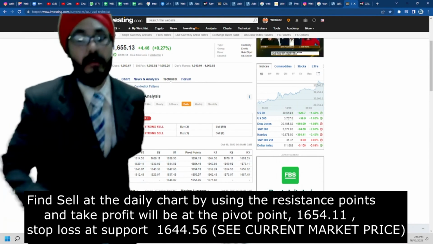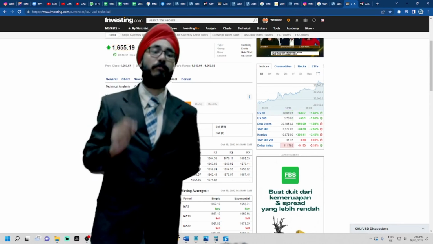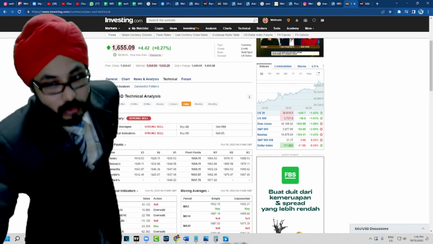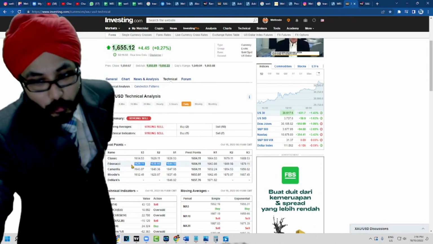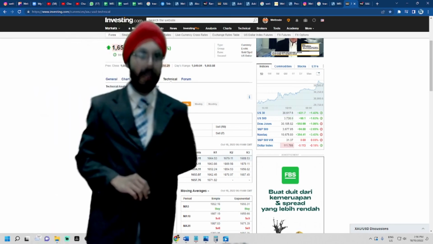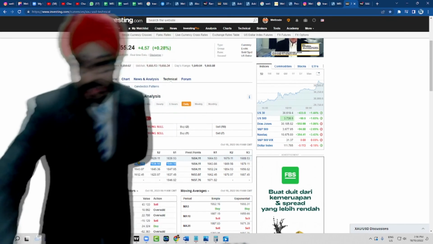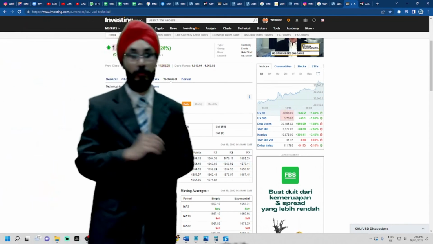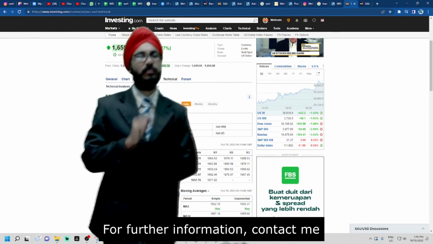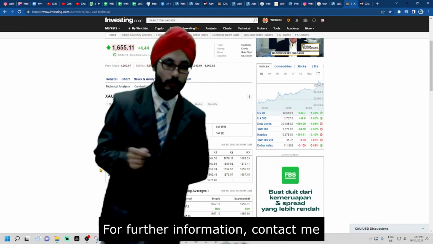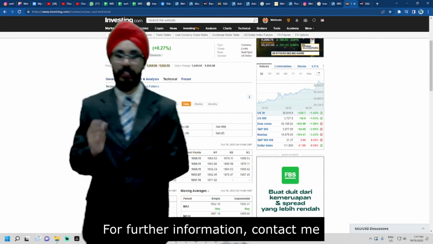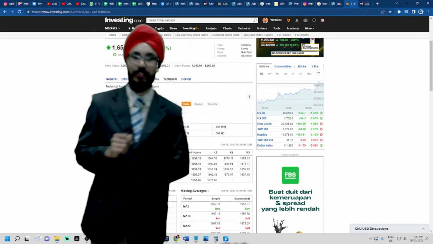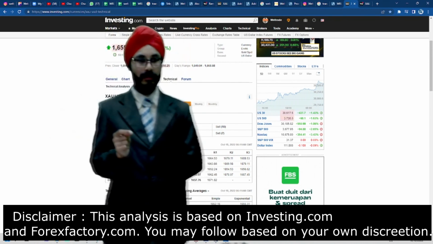We can look at these points based on the current market, and you can place your stop loss based on the support points that you have over here, and take your profit at the pivot point, which would be at 1654.11 based on Fibonacci. This is one of the easiest ways for you to go for your trade. It has a winning percentage of about 80% and above, and thus this is one of the easiest ways to look at and trade.